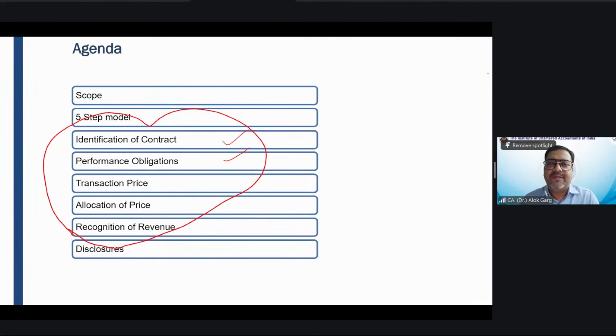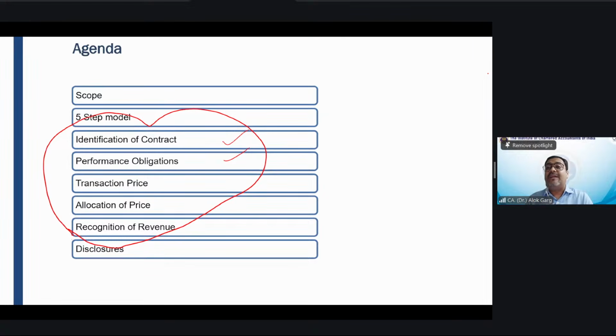Let's say the entity sold the goods on 15th of March, and the 30 days return policy will expire on 15th of April. But the entity has to close the books of accounts on 31st of March. While closing the books on 31st of March, please tell me whether the entity will not recognize any revenue because the 30 days period has not expired.